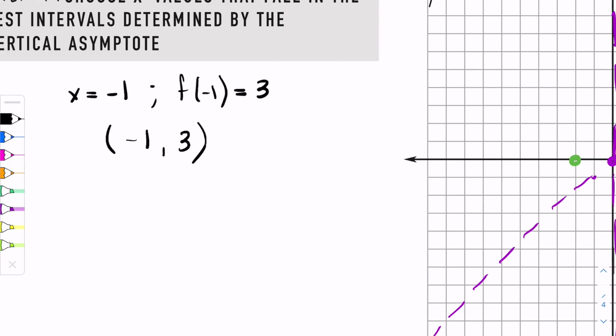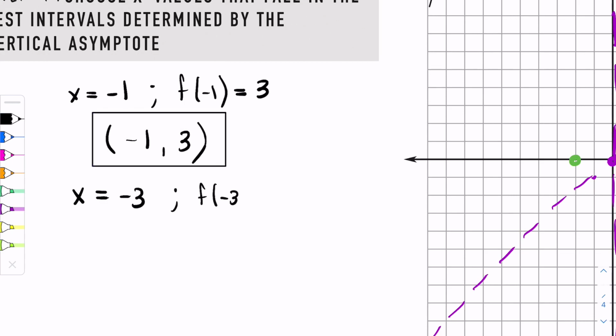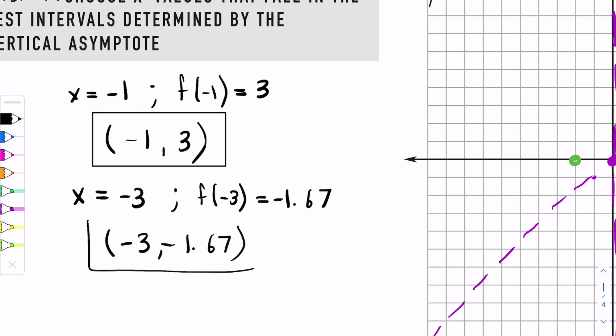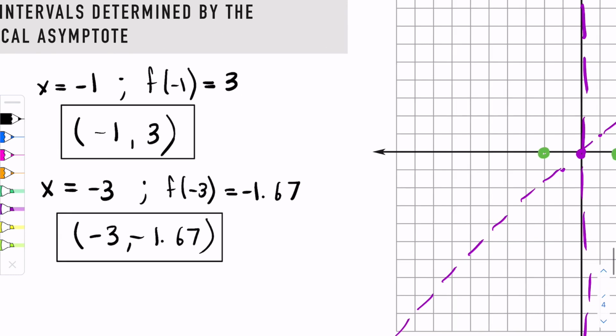I also tested -3, just in case you wanted to do that one instead. So when you test -3, you end up with an output of -1.67. So your other ordered pair would be at (-3, -1.67). And you should try testing these on your own just to make sure you're coming up with the same answers as me.